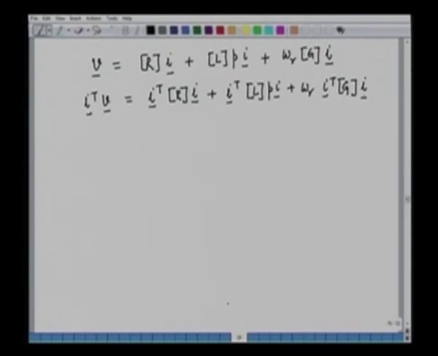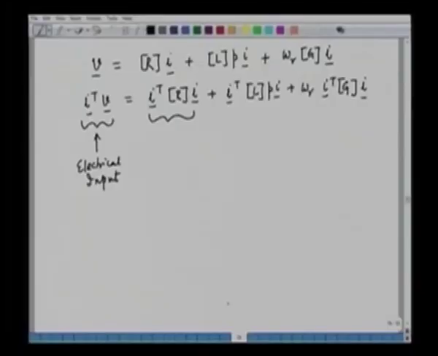This equation is interesting because the first part is the electrical input. The second part, i transpose R i, represents the system loss, basically the i square R loss of the system.